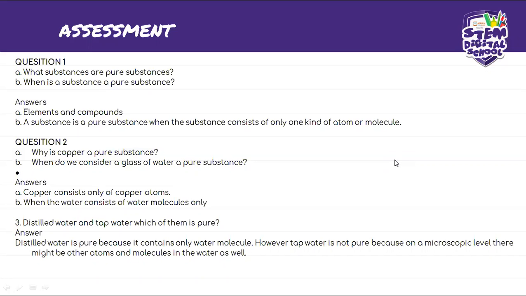So it can be a compound, but not a pure substance. A pure substance is just made up of atoms of only one kind. So if it is sodium, it is sodium. But if you're talking of sucrose, sucrose is made up of what? Carbon atoms, hydrogen atoms, and oxygen atoms in a certain ratio. Okay, very good.